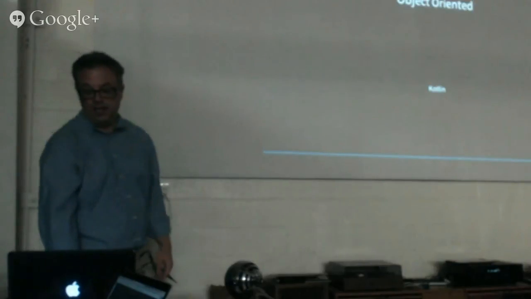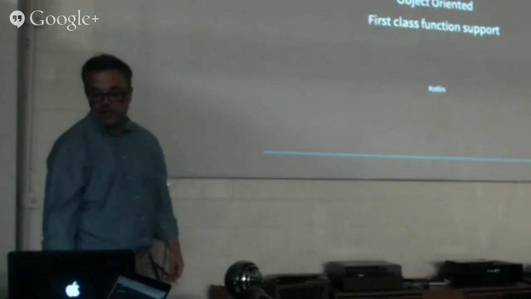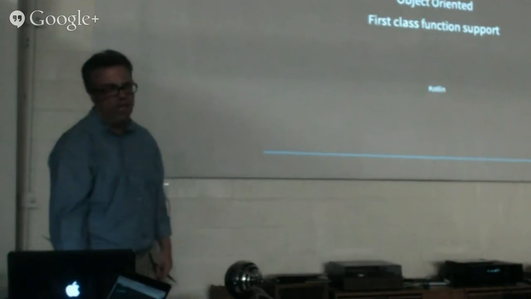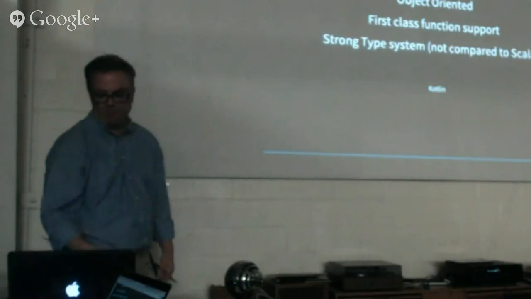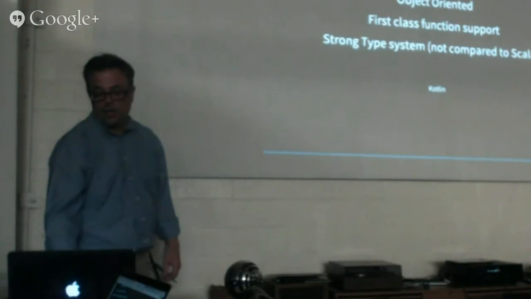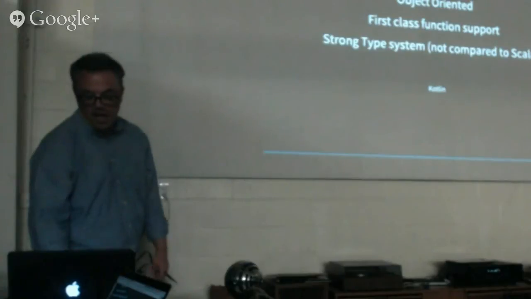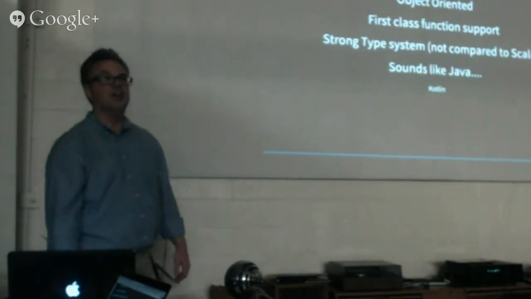What kind of language is Kotlin? Well, it's object-oriented, of course. It has first-class function support, like Groovy, Scala, JavaScript, and maybe C#, I'm not sure, but probably. It's got a strong type system compared to anything but Scala, I would say. And I say, wait a minute, this sounds a little like Java.